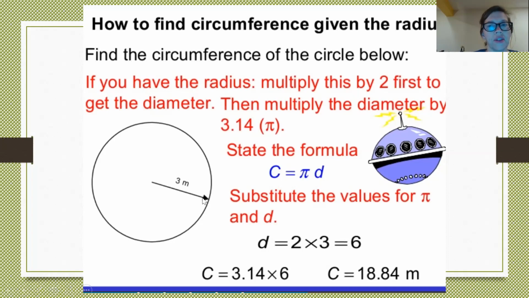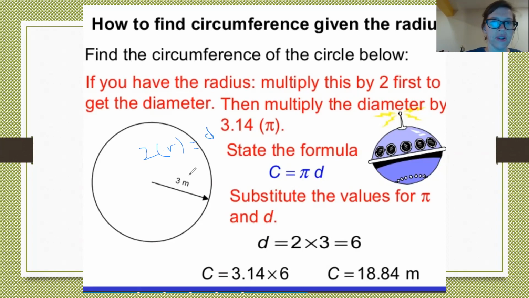So in this case, what we've done is multiply the radius times 2 to get d. Let me show you that. We've taken 2 times r to get d, or diameter.